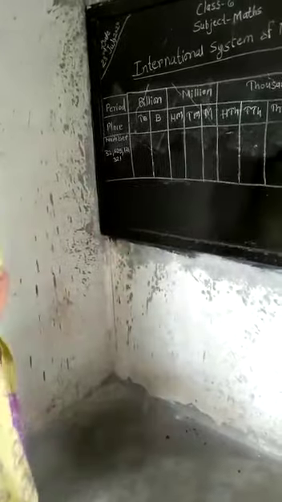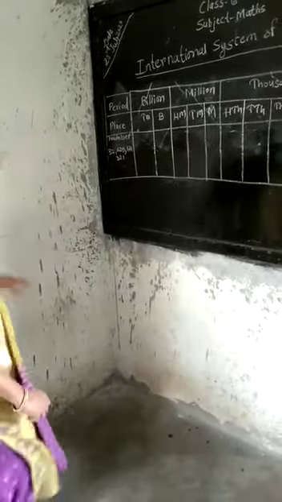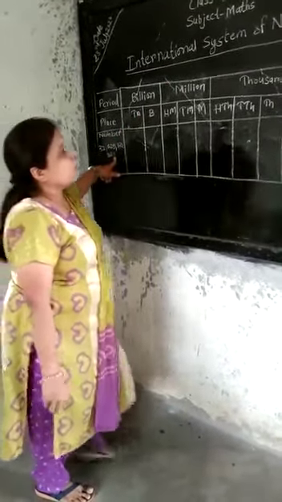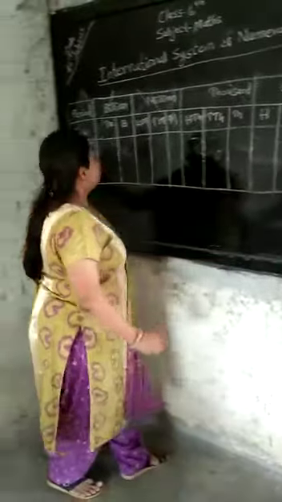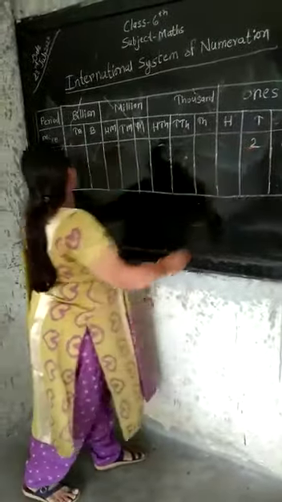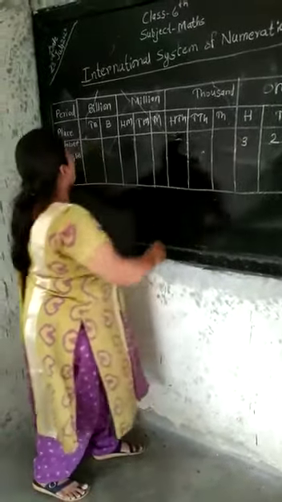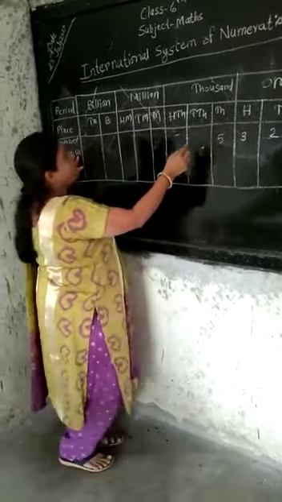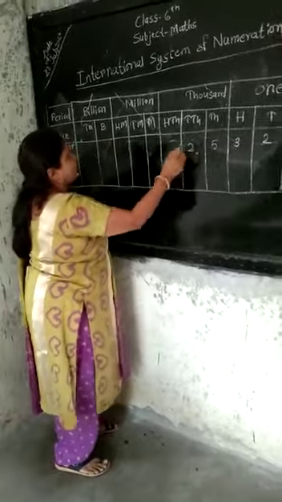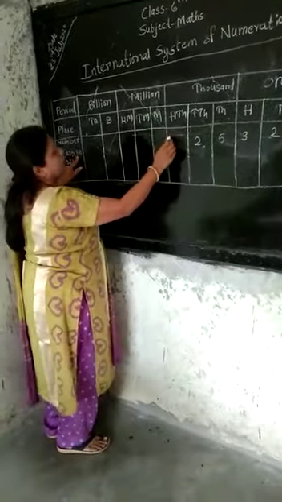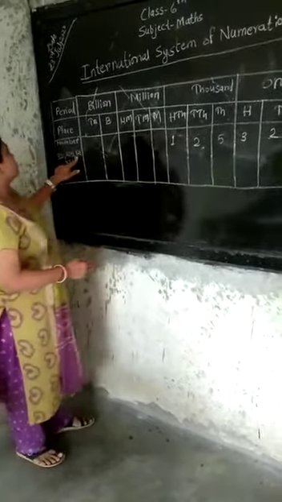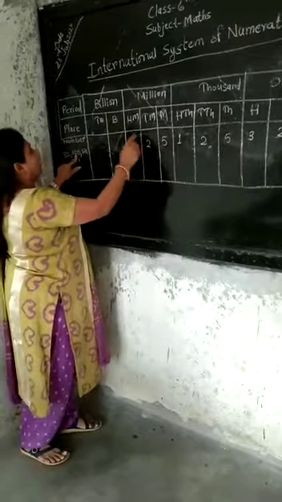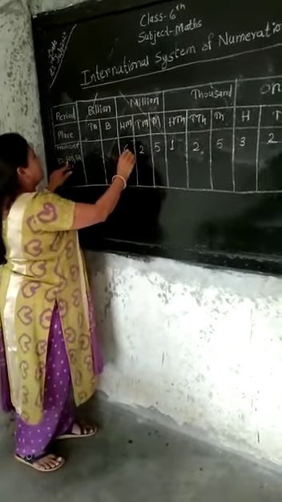Here we have to write the number in the international system of numeration. 1 you write in the ones place, 2 in the tens place, 3 in the hundred place, 5 in the thousand place, 2 in the 10,000 place, 1 in the 100,000 place. In the million places, 5 million, 2 in the 10 million and 6 in the 100 million.